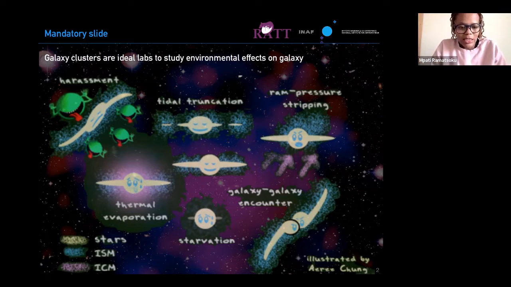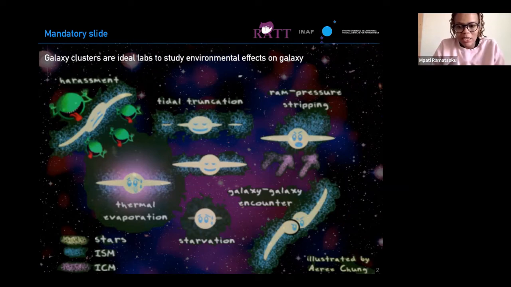You get things like thermal evaporation and starvation. This mostly occurs when you're very close to the center of the ICM, if you will. And so the hot plasma evaporates the gas, and this mostly affects the gas of the galaxy.